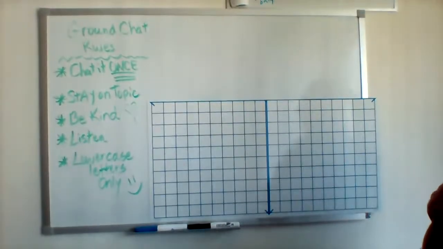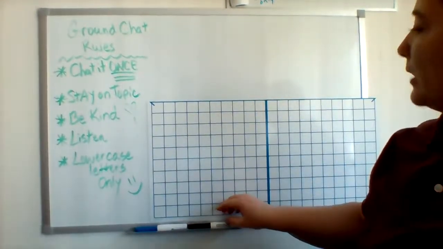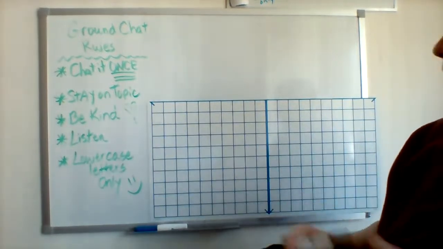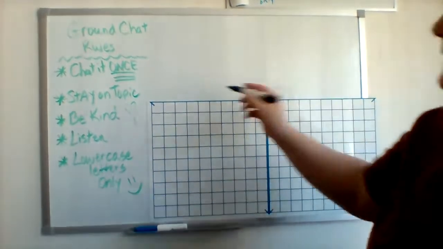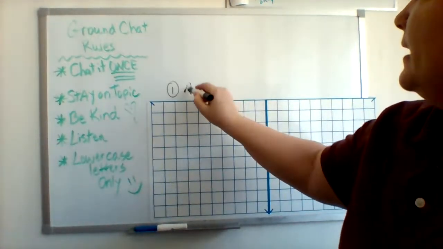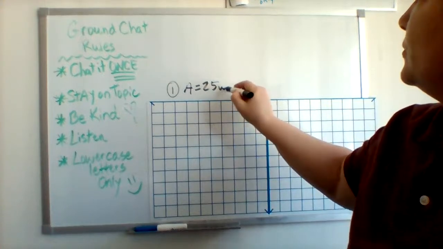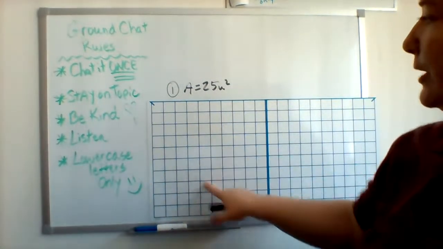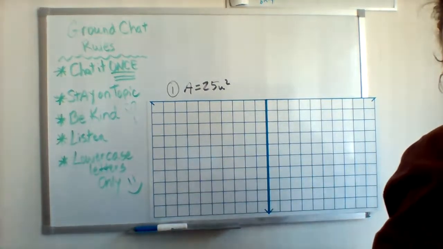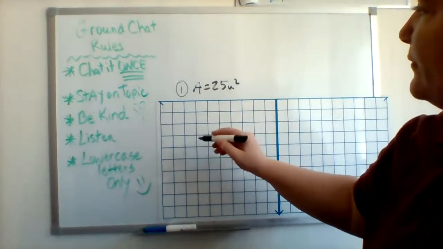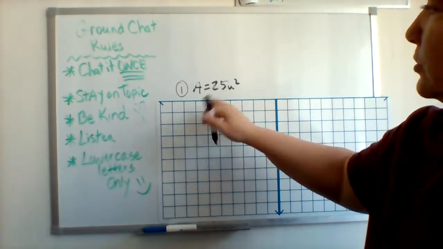All right. What I want to show you. So, let's say for number 1, we have the square and the area equals 25 units squared, meaning the grid, square units, because it's 1 by 1, right? So if I have, let's say that this is my square.